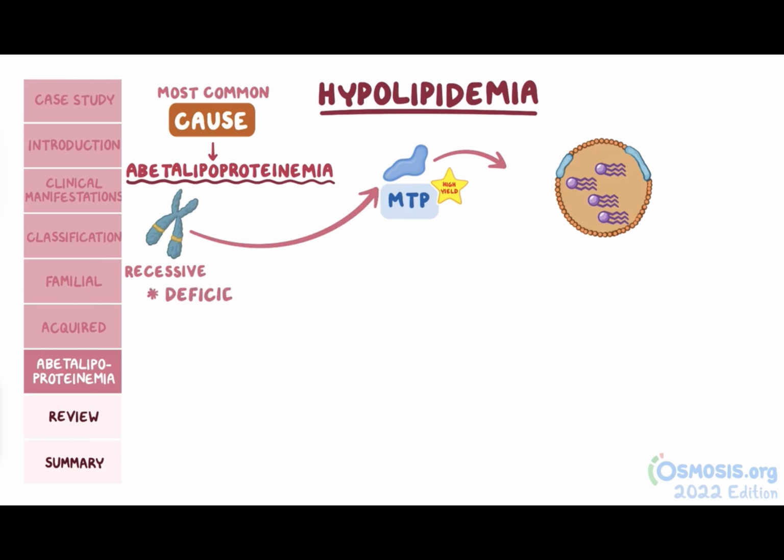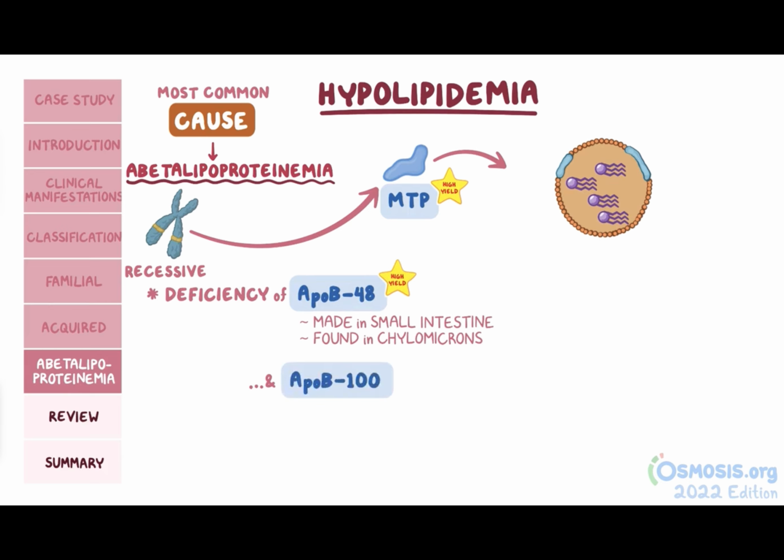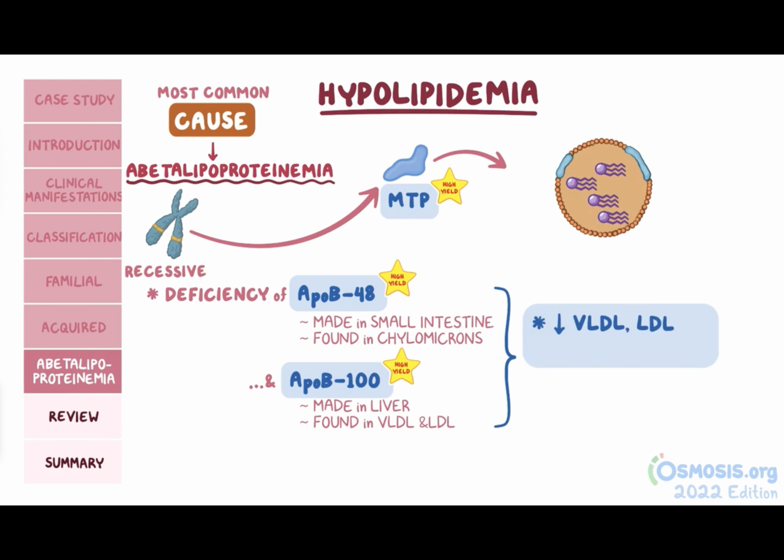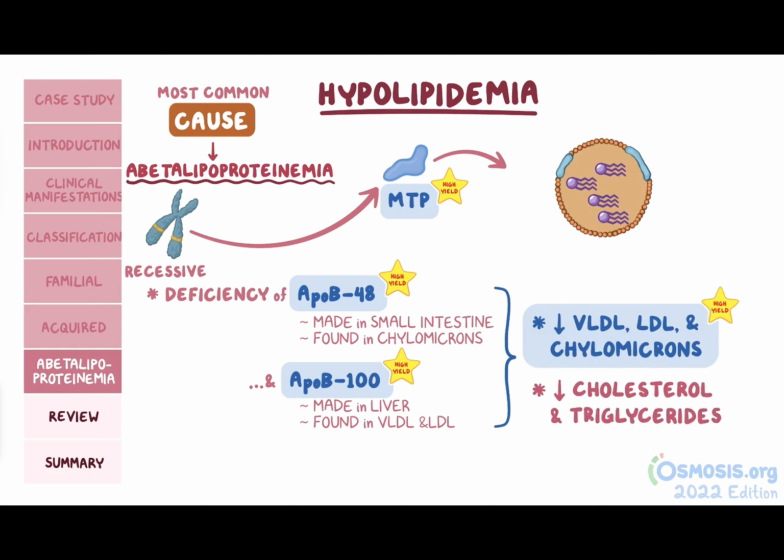There's also a deficiency of ApoB48 protein, which is also made in the small intestine and is found in chylomicrons, and ApoB100, which is made in the liver and found in VLDL and LDL. So the result is low levels of VLDL, LDL, and chylomicrons. And both cholesterol and triglyceride levels will be low.